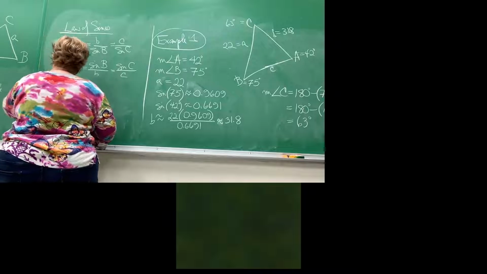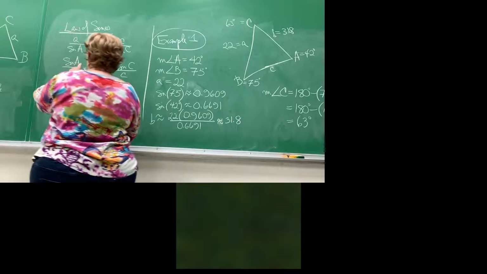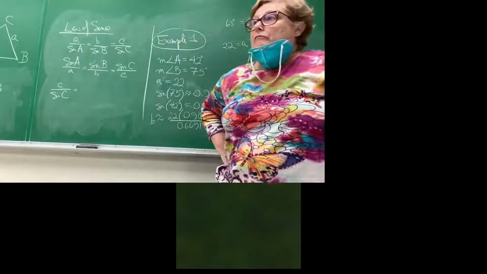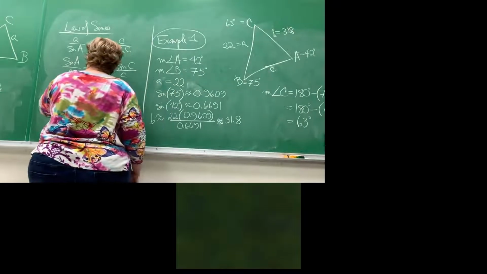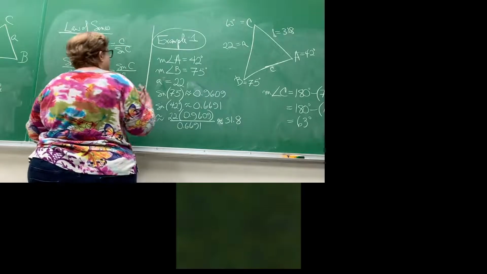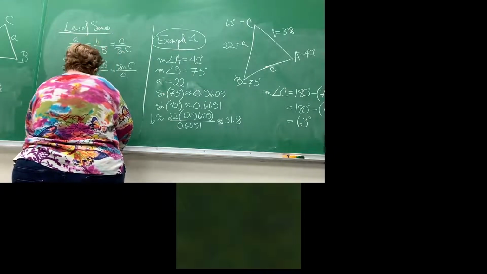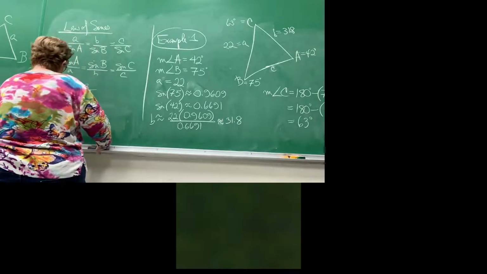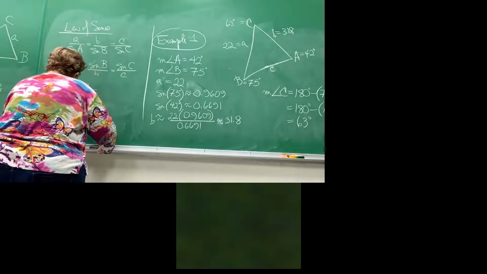So I've got little c over sine C, and I'm going to use, oh, which side should I use? A, because it's not the estimation. That's right, because A was given, we should definitely use side a. Also, angle A was given. So we've got 22 over the sine of 42 degrees is equal to little c over the sine of 63 degrees.